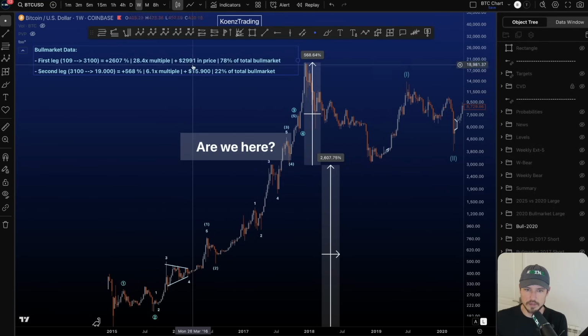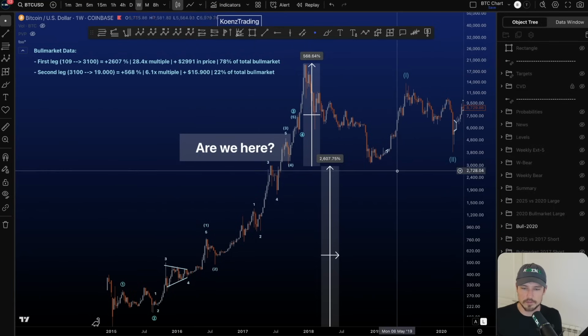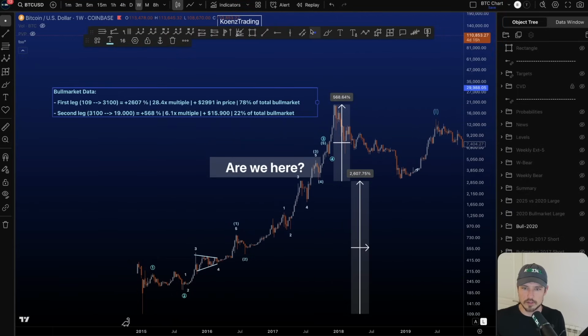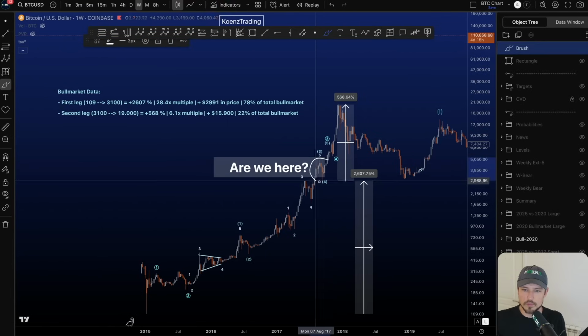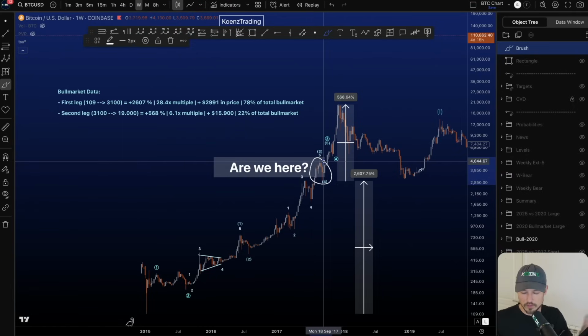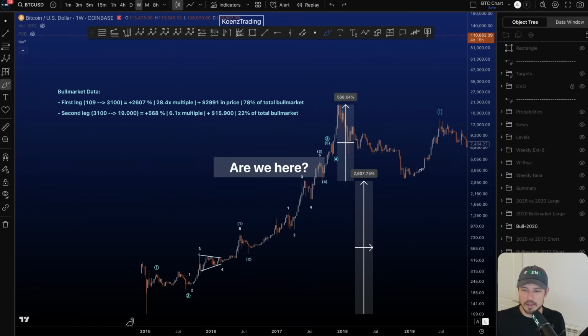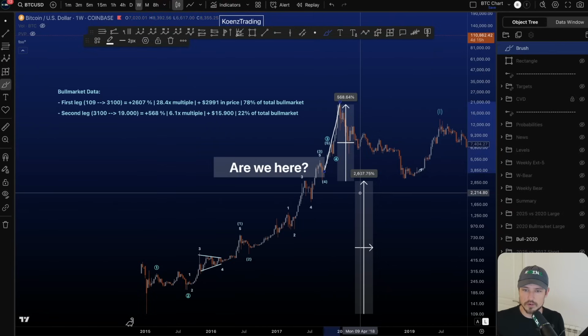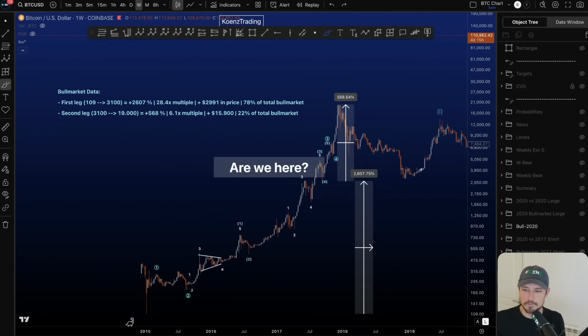And there's a little bit of calculation going on here, but you can see that there's a question on the chart. Are we here? Now, as you can see, this is a lower degree wave 4. This is the higher degree wave 4, but I included both, and you'll see it at the end of the video. I have both this one, where are we maybe in this wave 4 looking for this wave 5 towards the upside?